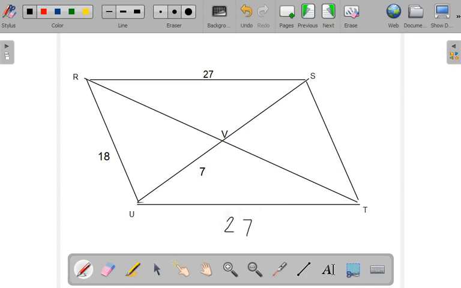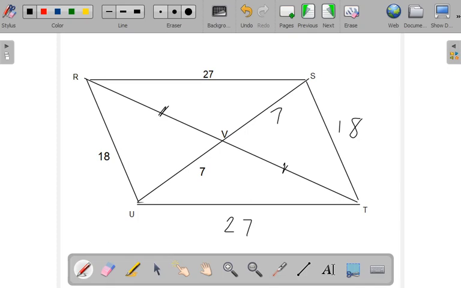And if we know from R to U is 18, then S to T is going to be 18, right? And then if we know that from U to V is 7, then from V to S is 7. Correct? So the only things left are these last two pieces right here, which we know this one is going to be congruent to this one, right?